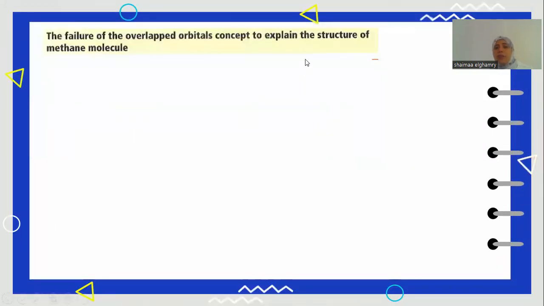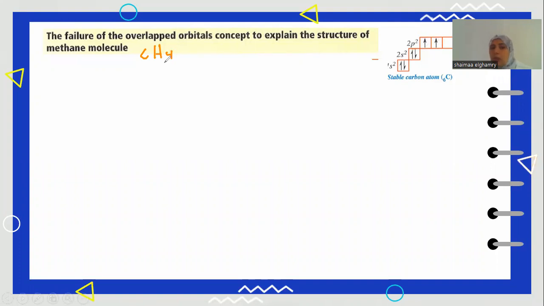The failure of the overlap of orbitals to explain the methane molecule. As we know, the methane molecule is CH4. So here carbon is bonded with 4 hydrogen. But if we write the electronic configuration of carbon, we will find carbon has only 2 free electrons or 2 half-filled orbitals.